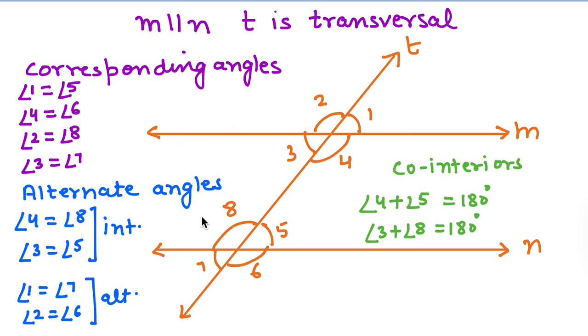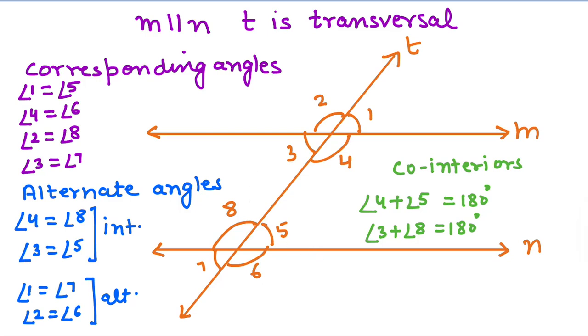Now in all the three properties, you must have noticed that one angle involves line M and another angle involves line N, right? One from M, another from N. So whenever one involves one of the parallel lines and the second involves the other parallel line, these three properties are true.